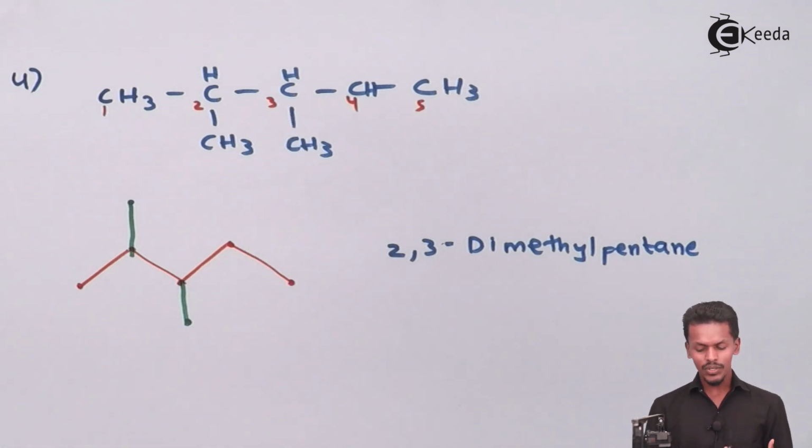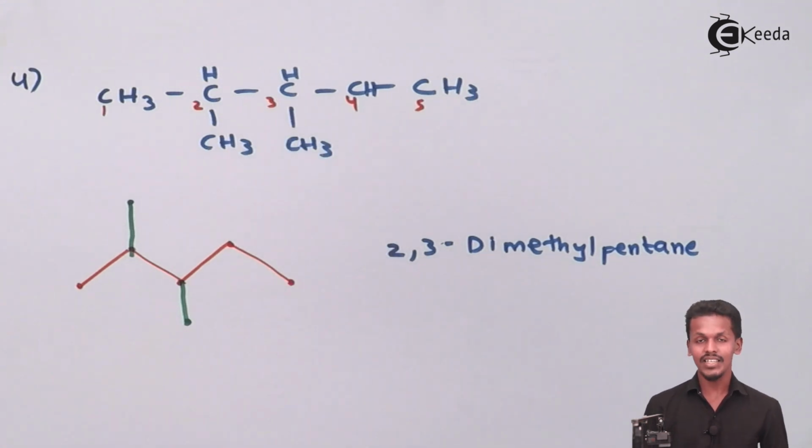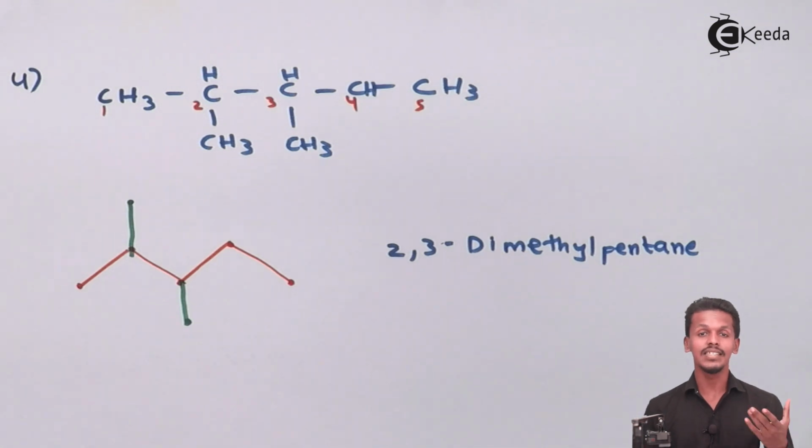We could make the other CH3 be attached on the fourth carbon atom. Even that is possible; the molecular formula would be the same, but the structural formula would be different. So let us draw that as an isomer of C7H16.